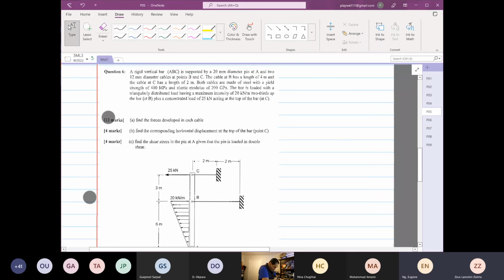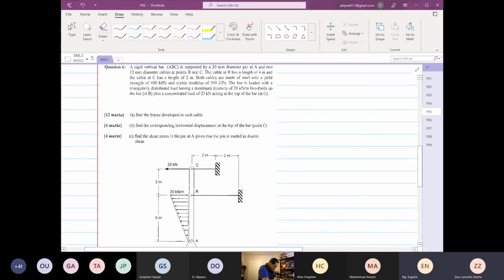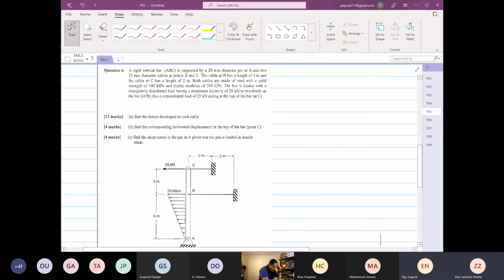So you can see a rigid bar. I'd like to draw your attention to the words rigid bar. ABC is supported by a 20 millimeter diameter pin at point A and two 12 millimeter diameter cables at point B and point C. So the diameter of the cables is 12 millimeters.